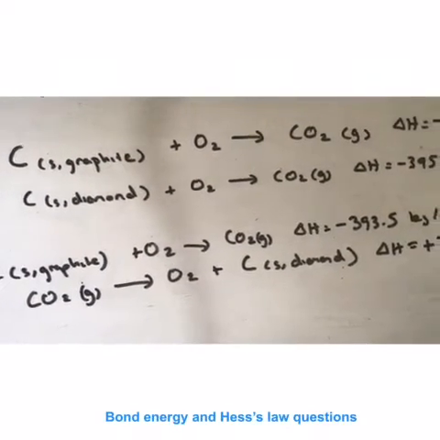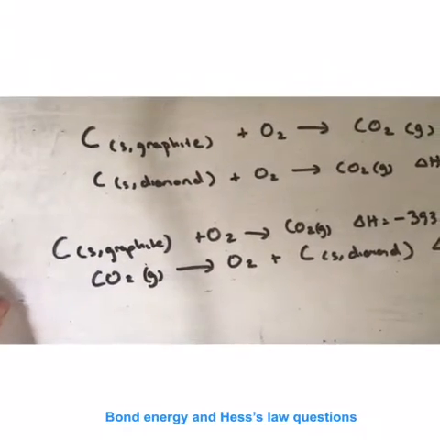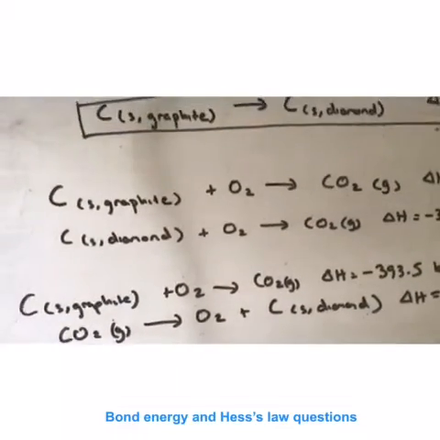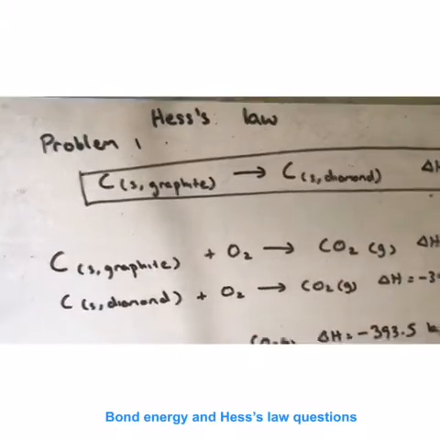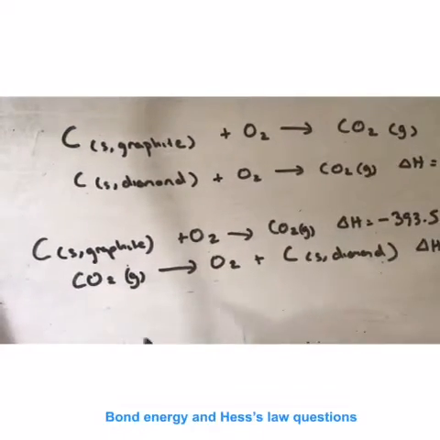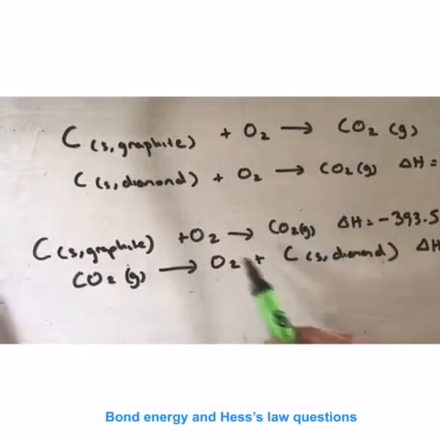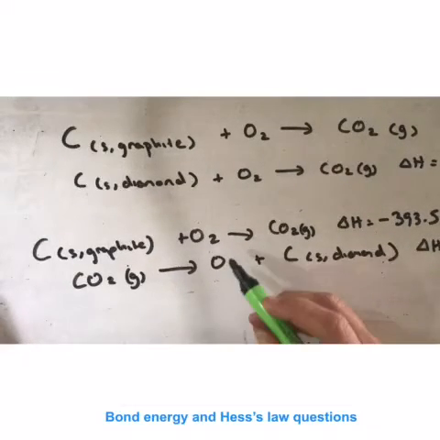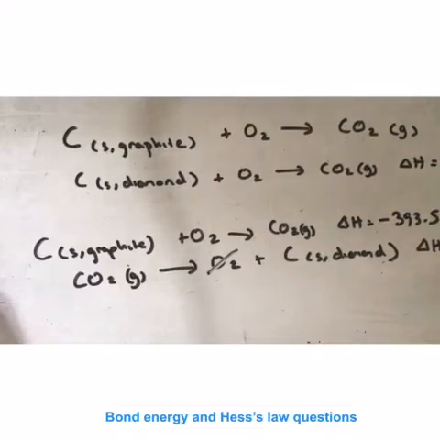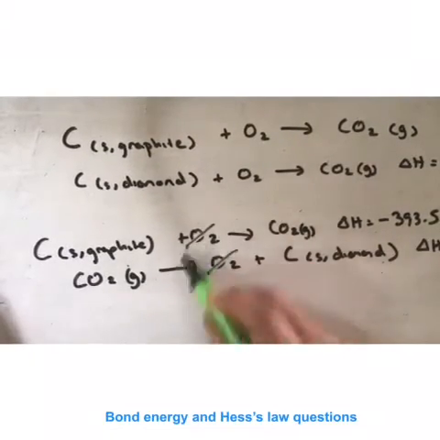So now what you're going to do, girls, is you're simply going to add these equations up, and you should get the overall equation here at the start. So let's add these up. If anything appears on opposite sides of the equation, we can just cancel them off. So here we can see oxygen is on this side of the arrow, the product side. On the above one, it's on the reactant side, so we just cancel those off.